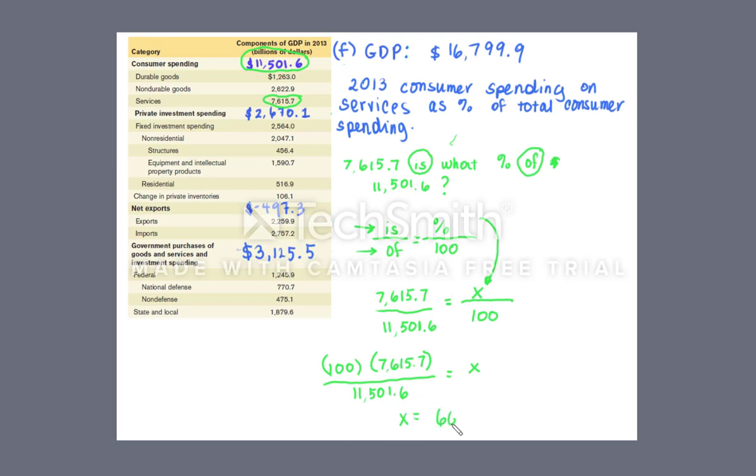That means that if we break consumer spending up into durable goods, non-durable goods, and services, services account for 66.2% of all consumer spending. So the greatest proportion of consumer spending is spent on services. Maybe things like getting nails done or getting an oil change, or any other service.